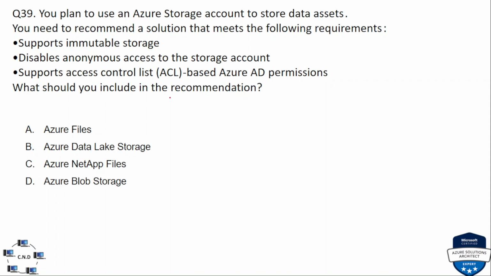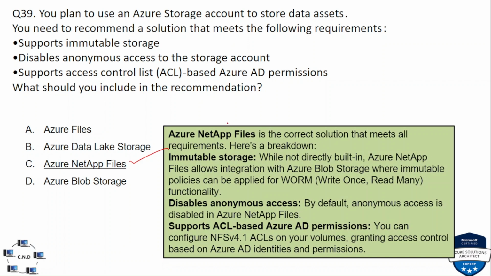What should you include in the recommendation? The options are A, Azure Files, B, Azure Data Lake Storage, C, Azure NetApp Files, and D, Azure Blob Storage. And the correct option is Azure NetApp Files. And this is the explanation for Azure NetApp Files.